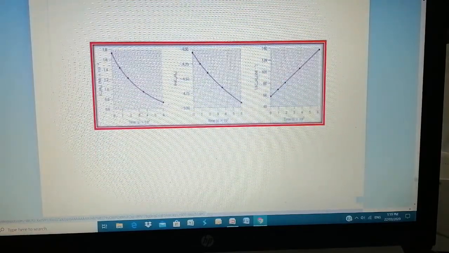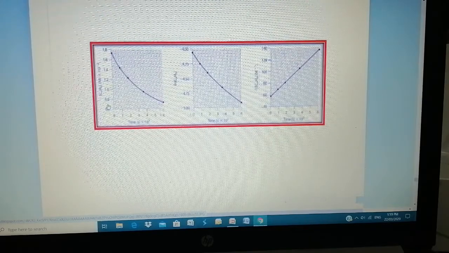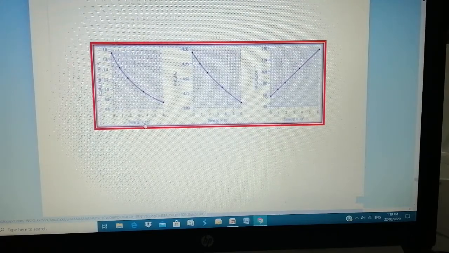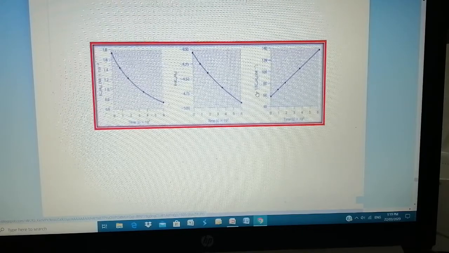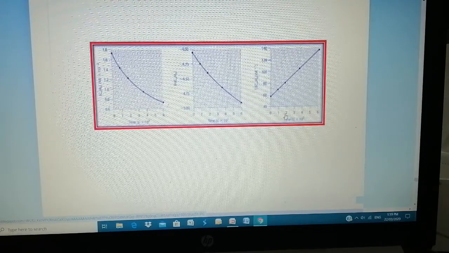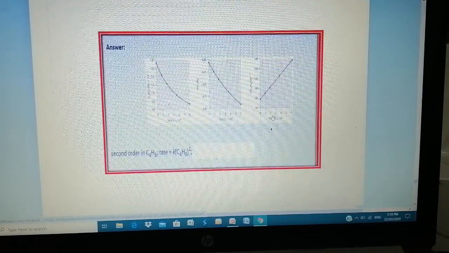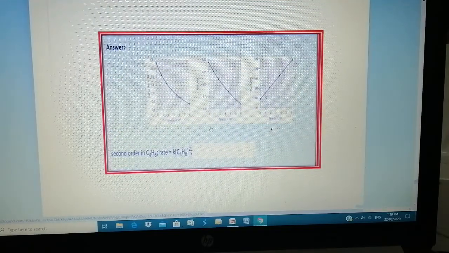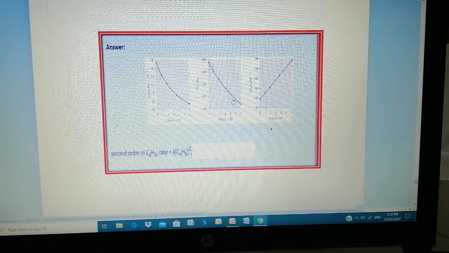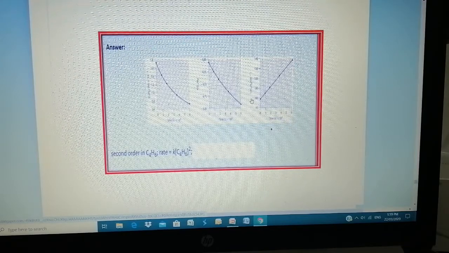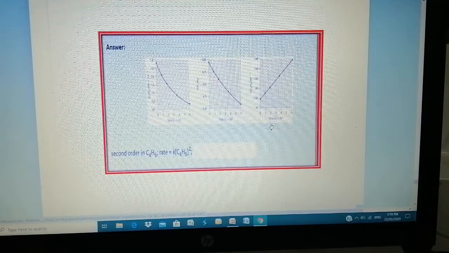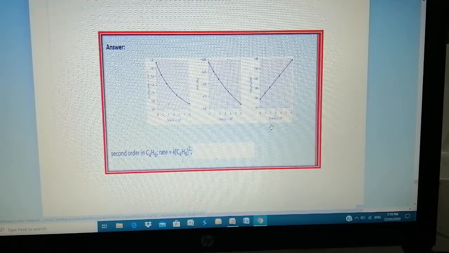When you see these graphs, the first one is concentration and time. This is log concentration and time. And this one is 1 by concentration and time. When these three are compared, you can see this is not a straight line, this is not a straight line, and the last one, that is 1 by concentration and time, is a straight line.